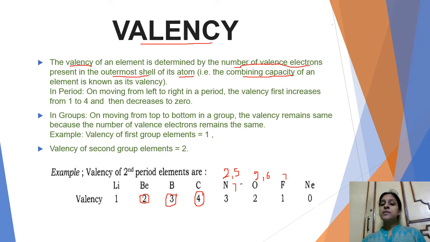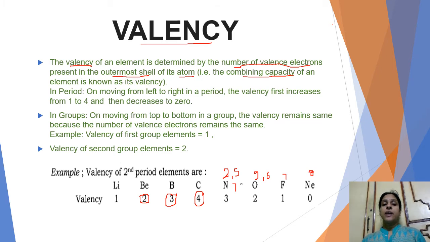So 8 minus 7 is equal to 1. So fluorine valency is 1. In neon, the electrons present in the outermost shell are 8. So 8 minus 8 is equal to 0, and that's why in the neon case valency will be 0.